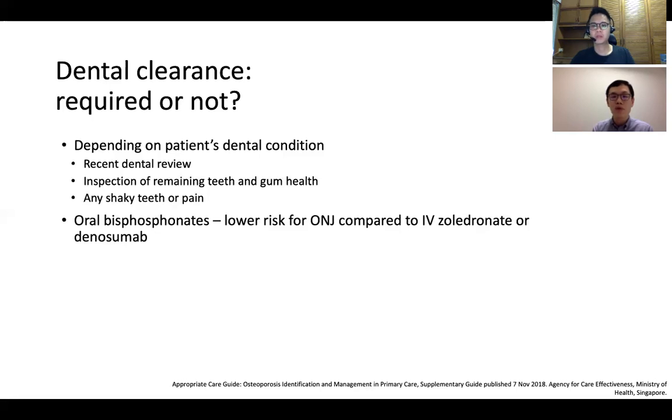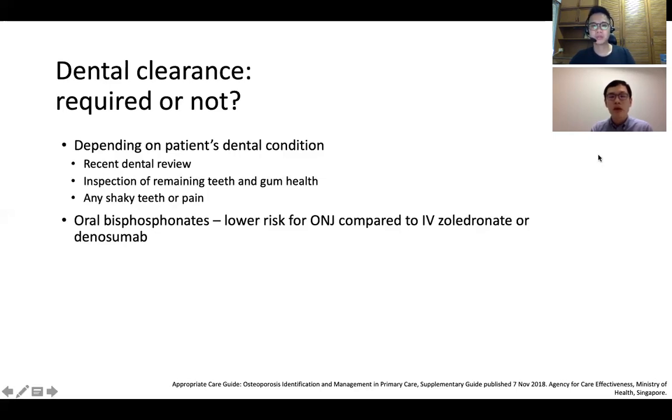But we want to make sure that patients who have already planned dental treatment go through those things before we start them on treatment. Okay, so the concern from the dentist's point of view is that if they're on the treatment and they go for a dental procedure, then osteonecrosis of the jaw is a higher risk complication. Is that correct? Yeah, that's right.